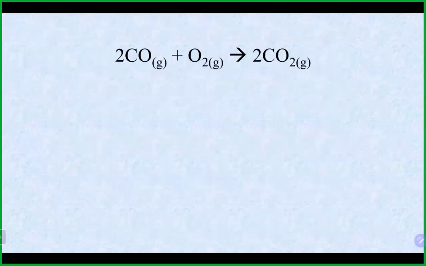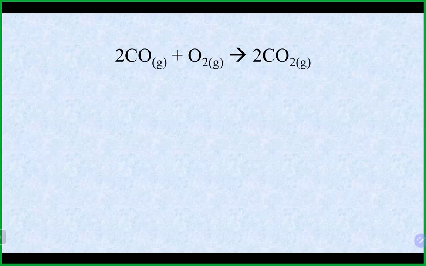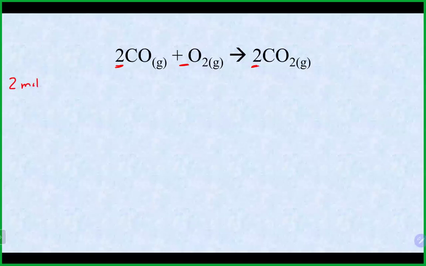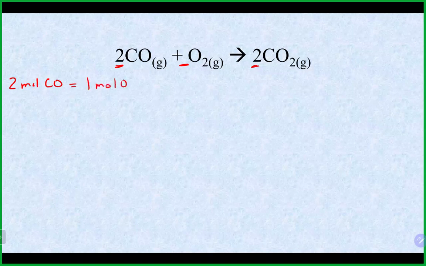So let's take a look at an equation and really talk about how we could get these stoichiometric relationships from the equation and how we could use it. So for example, if we take this one equation and simply just looking at the coefficients here in this equation, we could come up with some relationships. For example, I could say for every 2 moles of CO I put in there, I need to put 1 mole of O2 in there.